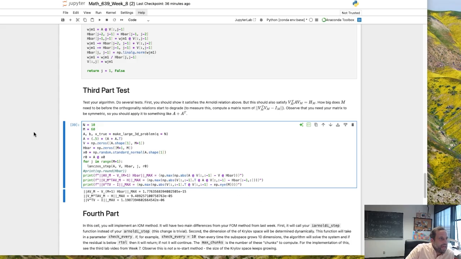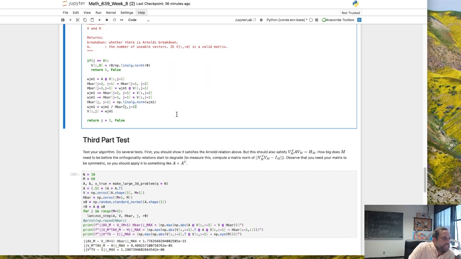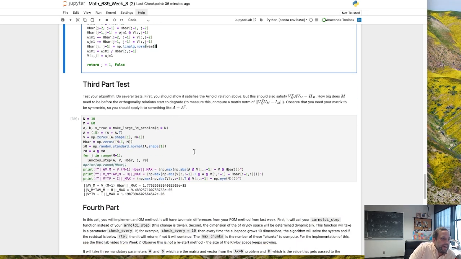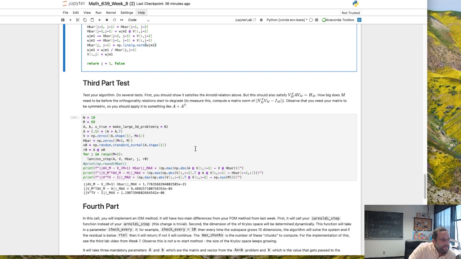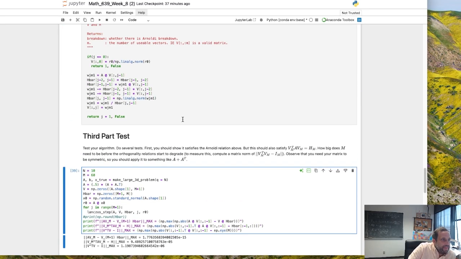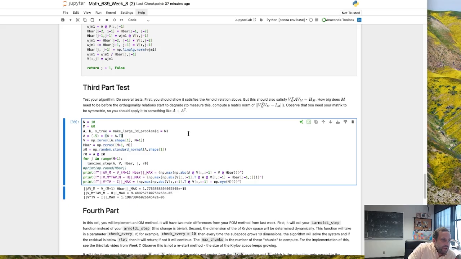All right, so that was the third part test. We just want to see, does this code work? Before we apply this code in one of our Krylov methods, we just want to make sure that this is doing what it should be, and this is how we checked it.